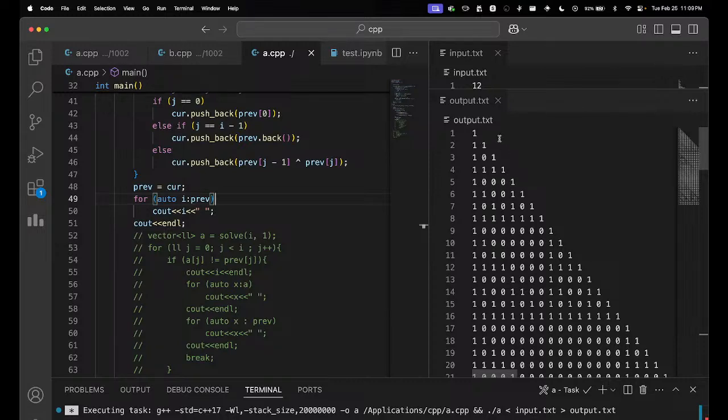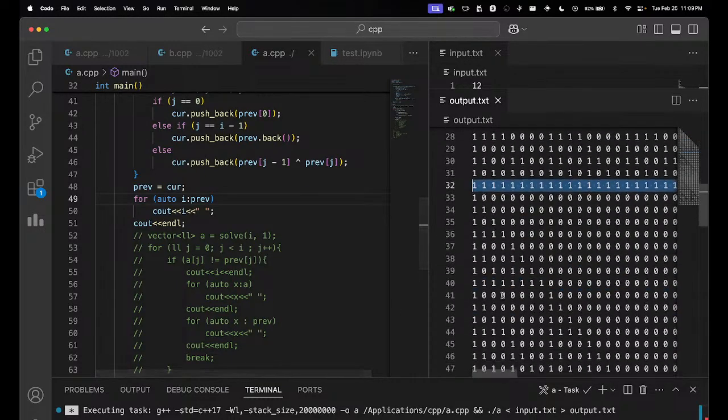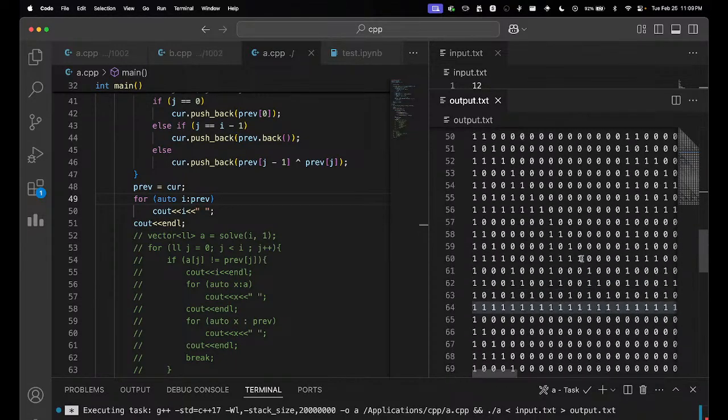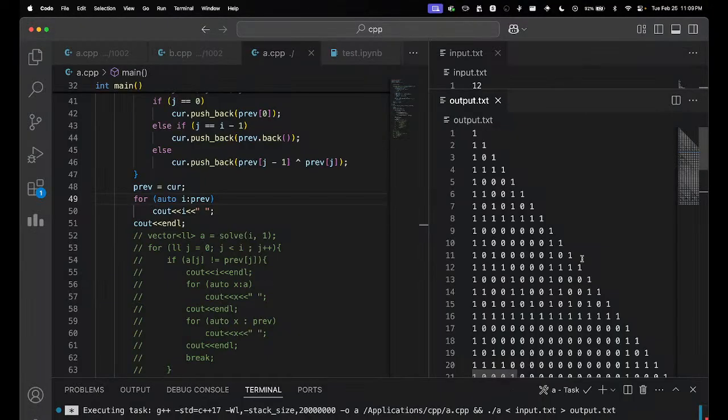So now what do I see? At every power of 2, this is completely filled. If you see 64, it's completely filled. So there must be something related to powers of 2. Amazing. Now let's see how I check for the other numbers, right?